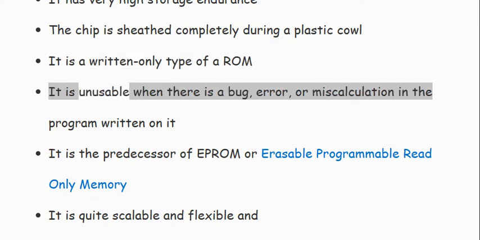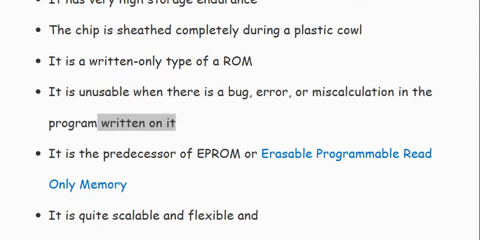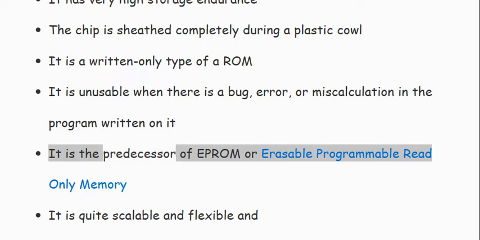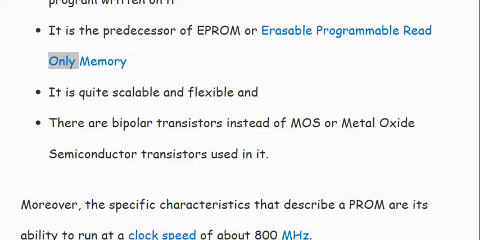It is unusable when there is a bug, error, or miscalculation in the program written on it. It is the predecessor of EPROM or erasable programmable read-only memory. It is quite scalable and flexible, and there are bipolar transistors instead of MOS or metal oxide semiconductor transistors used in it.